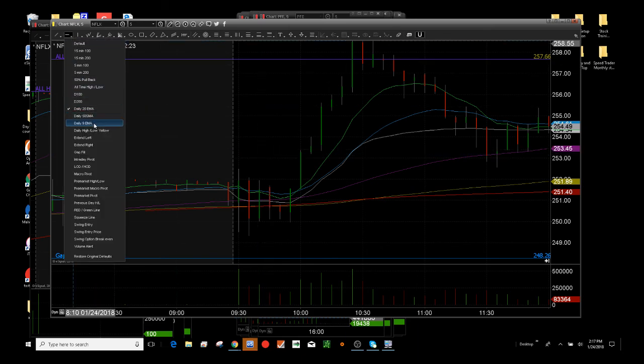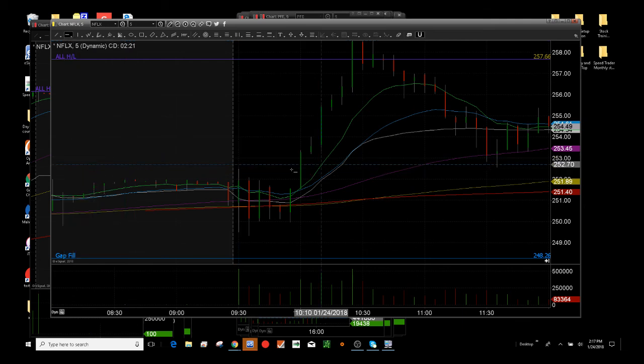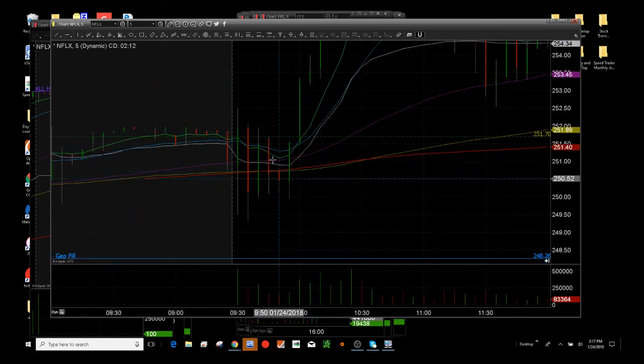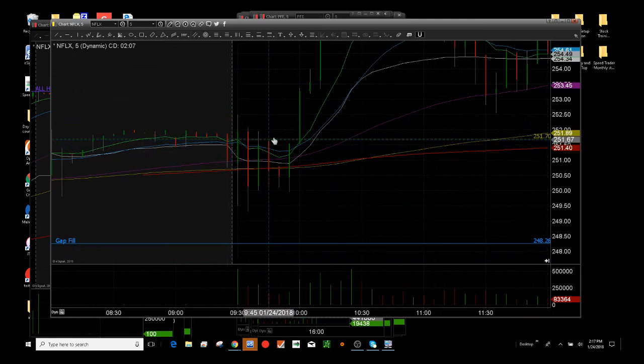One, I should have placed an alert right here. If anything, it was probably going to go long. I guess it could go short too, but I should have placed an alert above this candle.